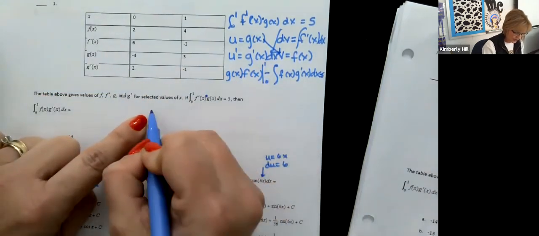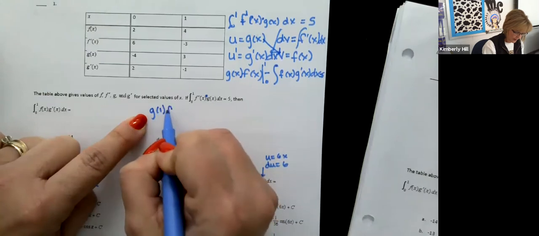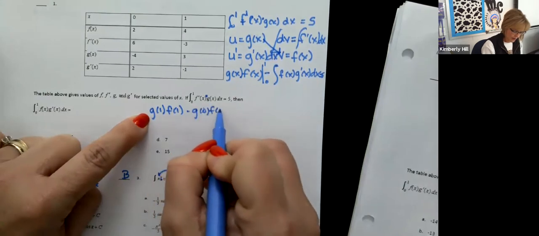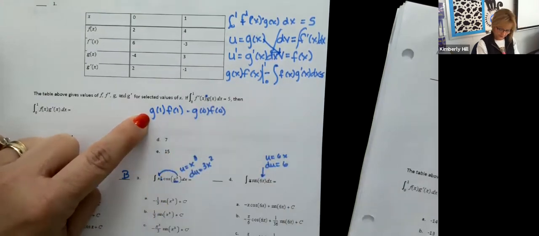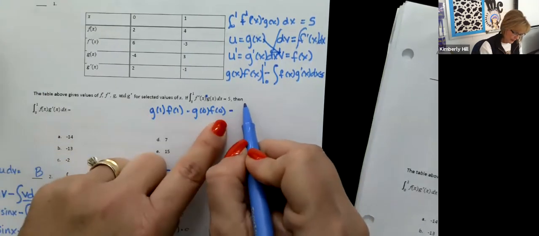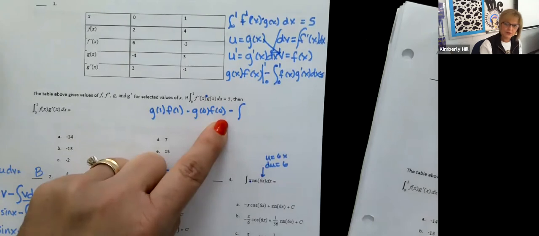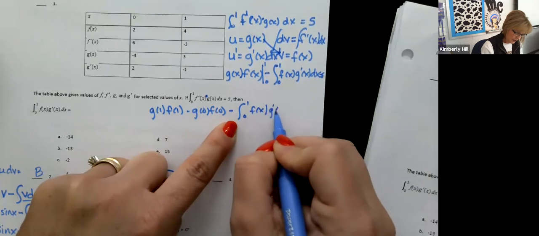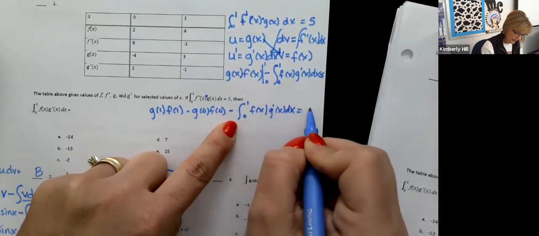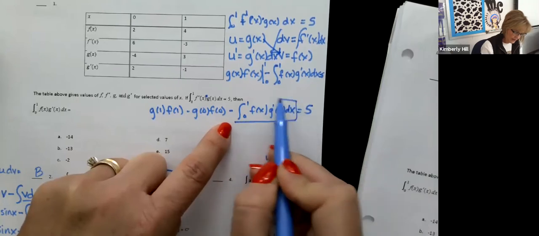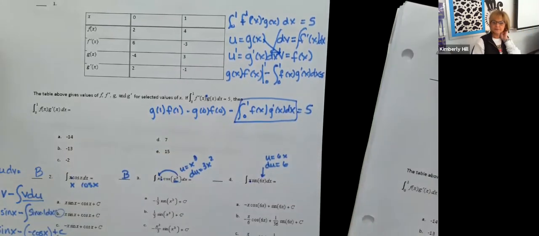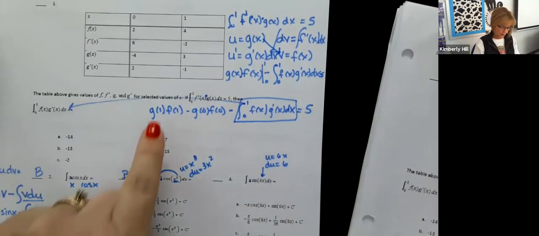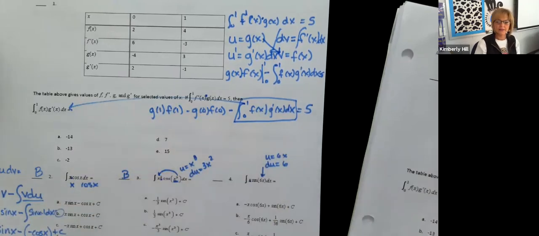So I would have g of 1 times f of 1 minus g of 0 times f of 0 minus the integral from 0 to 1 of f of x g prime of x dx equals 5, and this is what I'm trying to find.